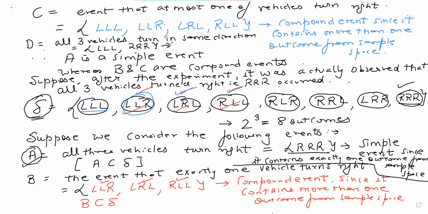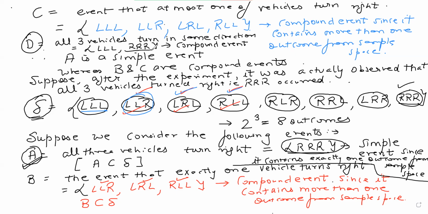Students can see that this is also a compound event because it contains more than one outcome. What I'm trying to prove is that when all the three vehicles turned right, event A, which is a simple event, occurred. Event D also occurred because event D also contains RRR.